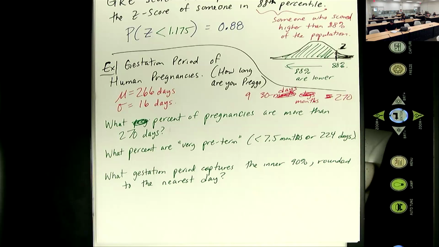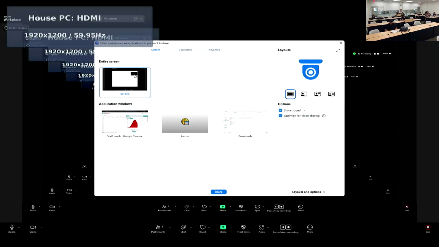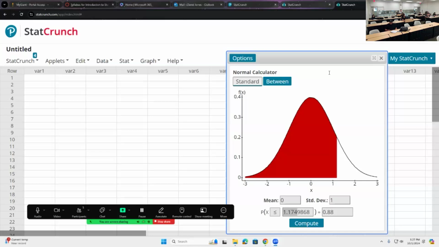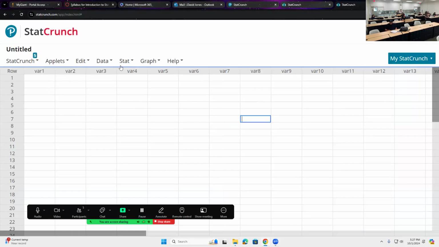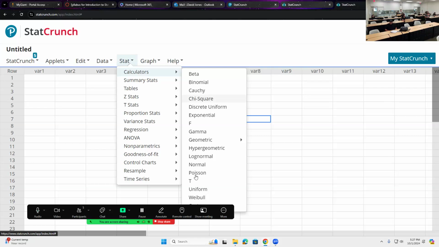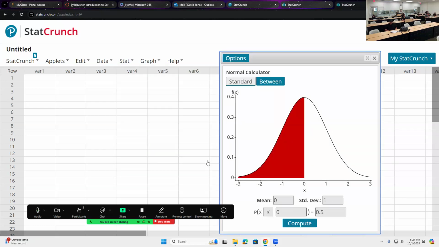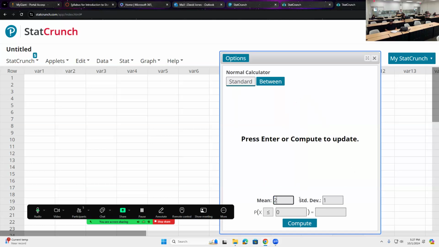Alright, that gave you time to write this down. Let's pop over. Stats, calculator, normal. We're going to throw in our information, which was 266 and 16, because why take the time to convert to Z-scores on each of those just to figure out what I want.